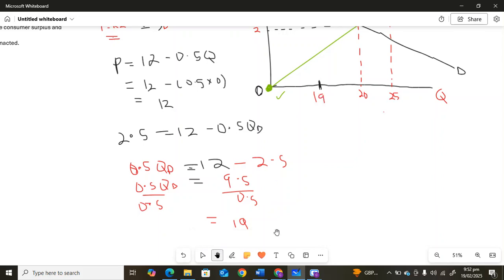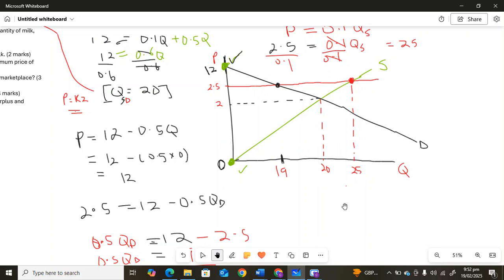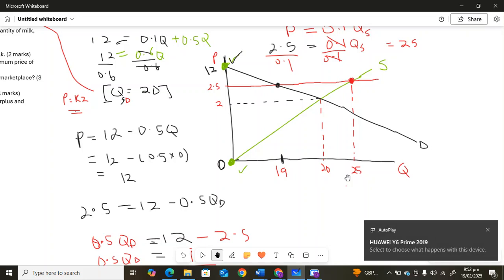So when the price floor was enacted, quantity demanded is 19 million units, quantity supplied 25 million units. Now we've got all the figures that we need on the x-axis and the y-axis so that we can calculate the consumer and producer surpluses. And we get the change.